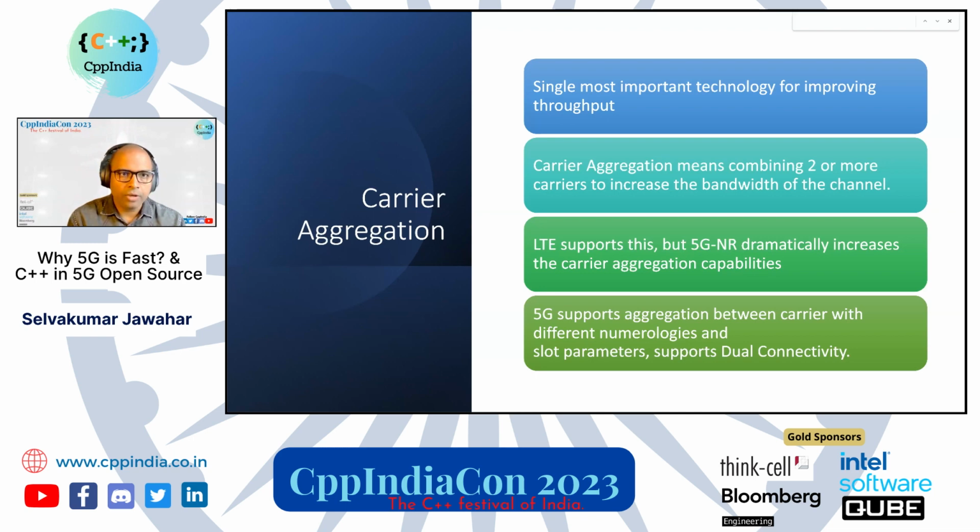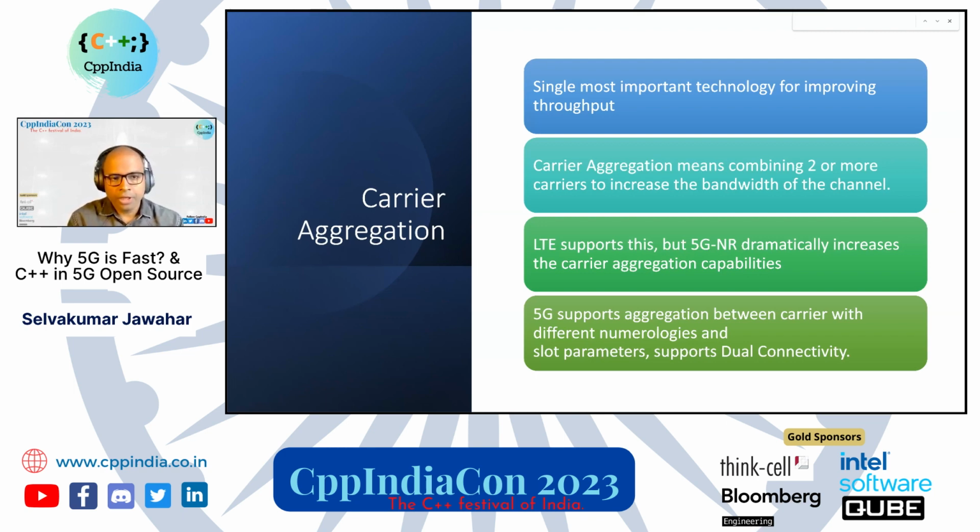You can think of it as an RF channel in a particular frequency band in which the data is transmitted. In a cell site, you will have multiple carriers, and each carrier is tuned to a particular receiver. So your mobile is tuned to a carrier, and you receive data over that carrier.